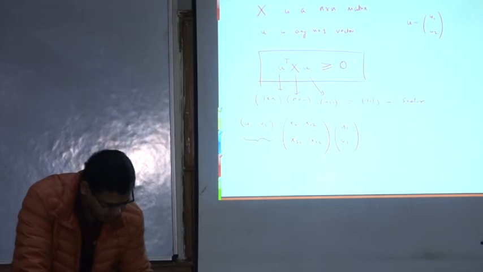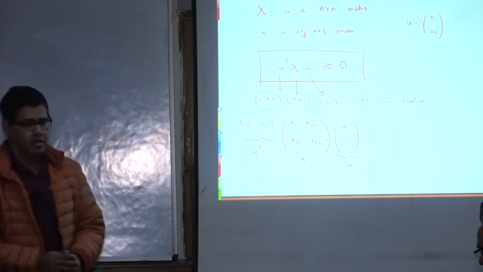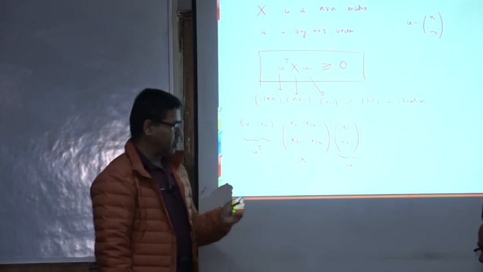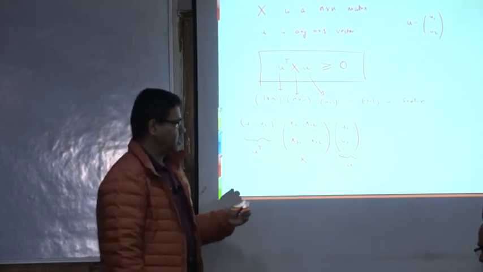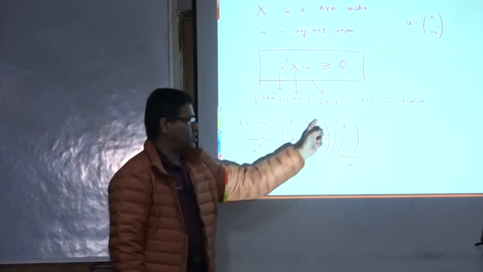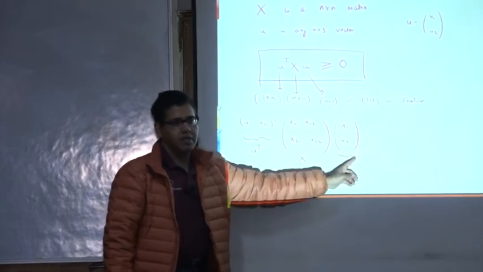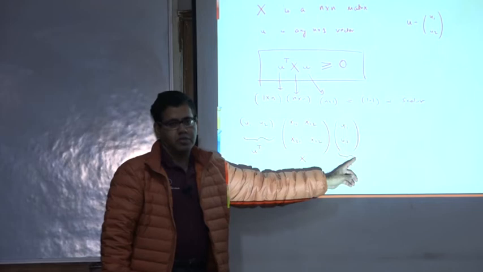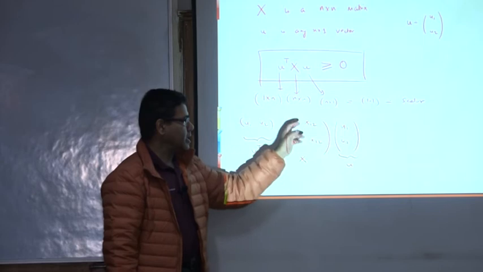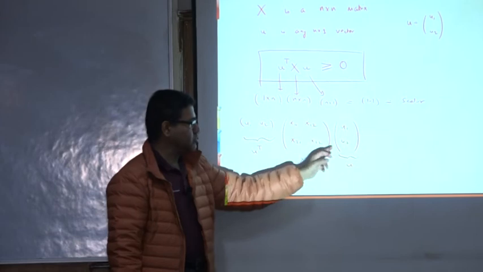So this is your u transpose, this is your u, this is X. So when you do this matrix multiplication, what is the result? As I told you before, let's talk about the right part first. When you multiply a matrix on the right by a vector, you're doing column operations. So it's like you're taking this matrix and combining them, u1 times column 1 and column 2 times u2.